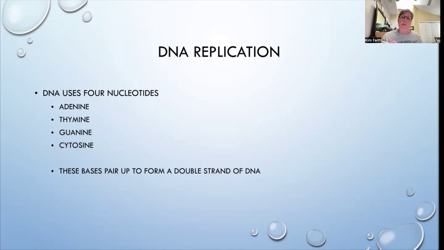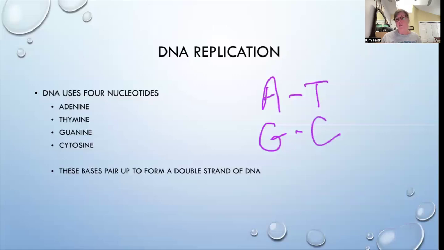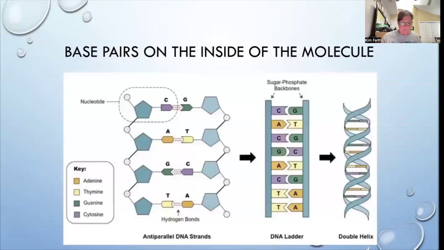They are going to base pair. When I mean base pair, I mean adenine is going to be attracted to and bond with thymine, and guanine will do the same with cytosine. And there's a great Amoeba Sister video also showing this process. So you can see here are double strands.